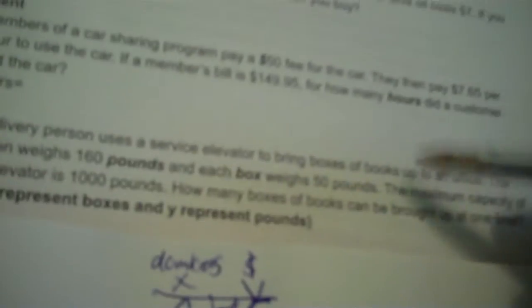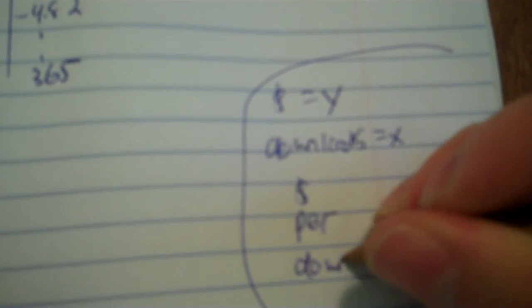So make your boxes. Again, that negative is kind of tricky. I don't think it happens on your assignment, but on the two problems here, I think it'll be positive on top, but yeah. Okay, so dollars and downloads. Downloads is X, dollars is Y. So dollars per download.